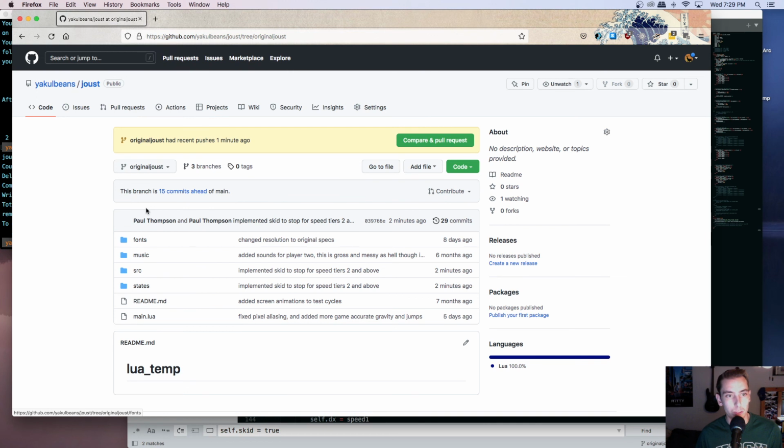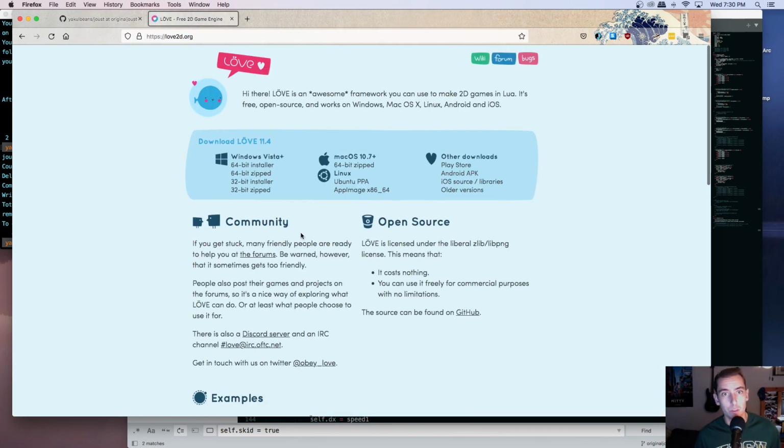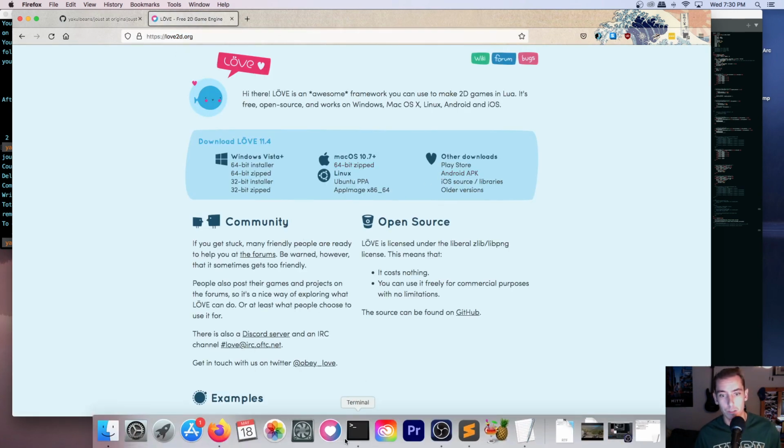And what's cool is you can see, even online on the remote repo, that the last commit was implementing the skid to stop. So anyway, you can play that if you want. Like I said, it's just Love2D, and you download it. It's open source.